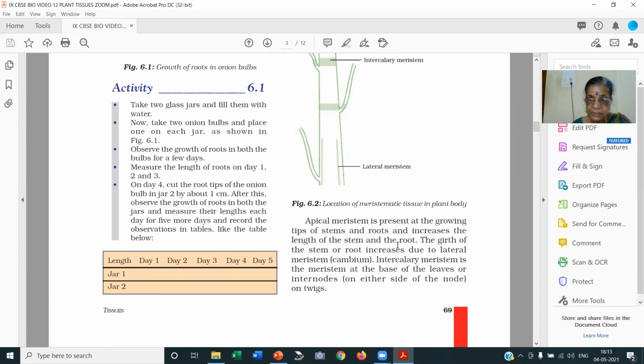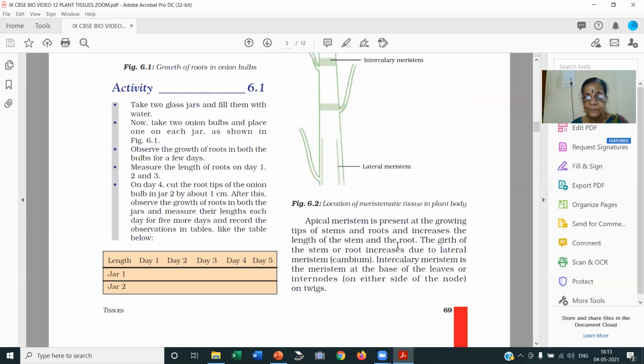That is the first point. Mark it. Then second point, the girth of the stem or root increases due to lateral meristem. These are the functions of meristem. And third point, intercalary meristem is present at the base of the leaves or internode on either side. Learn this paragraph for functions of meristem.